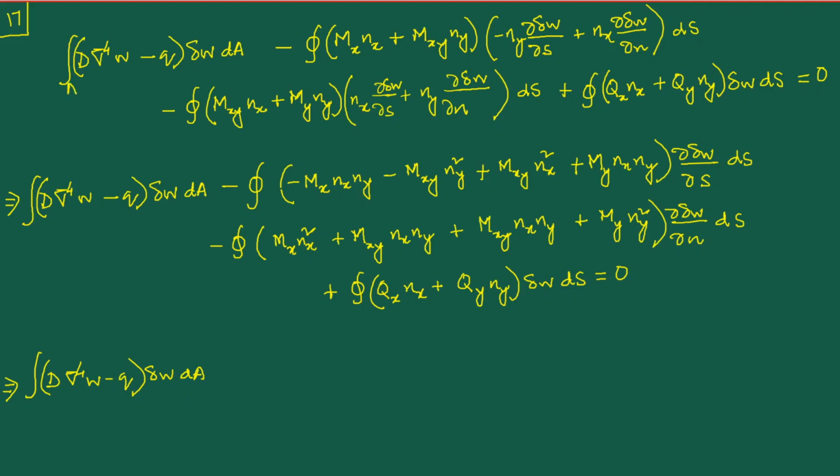So please note that these are over the entire domain. This thing that I'm writing as mns del delta w del s ds, and this entire thing that I'm writing as mn.